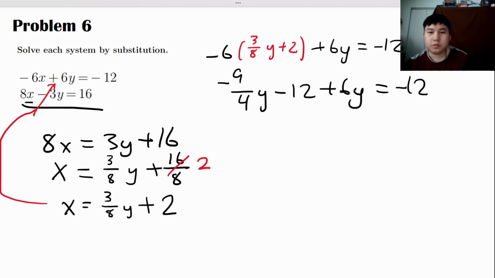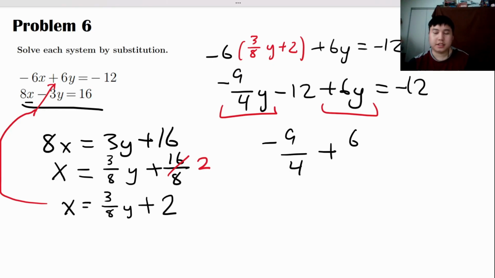And now we have our like terms right here. Again, don't get overwhelmed. Adding fractions is pretty simple. Let me put it down here. Negative 9 over 4 plus 6, and 6 is just 6 over 1. You can't add fractions like you multiply them; you have to have a least common denominator for both.